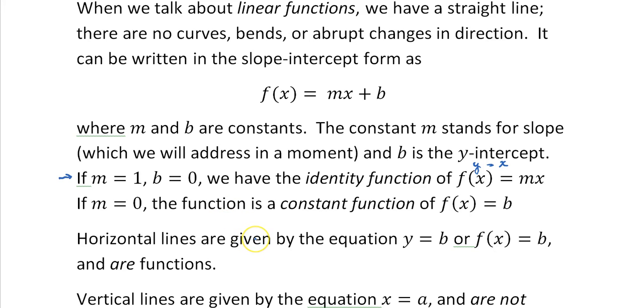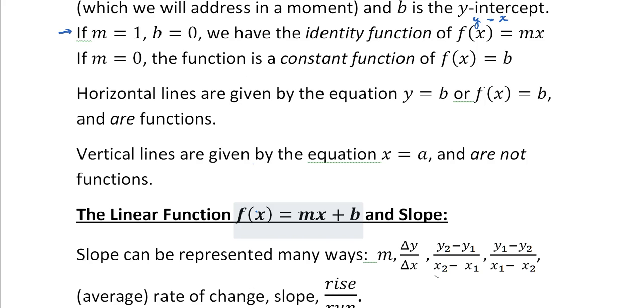Now, horizontal lines are always functions. Remember, we talked about relations and functions. Horizontal lines are always functions. In fact, every line except one is a function. All right, so vertical lines are given by the equation x equals a, right? We're not looking at y anymore, we're looking at x.